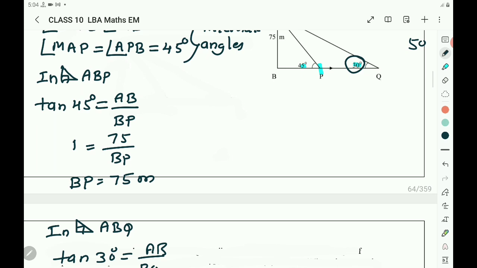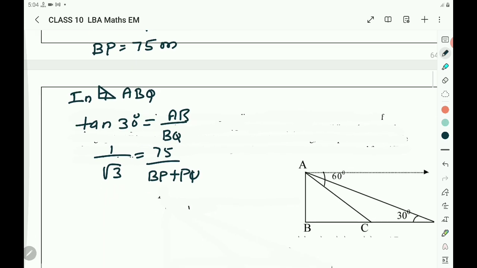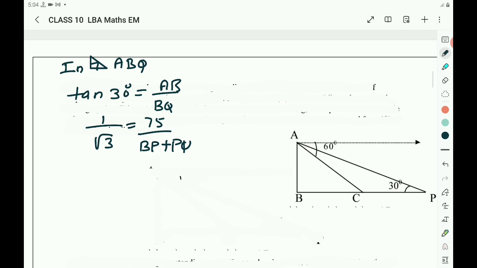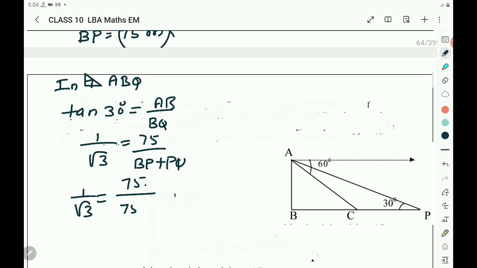Then BQ is BP plus PQ. Do the cross multiplication. 1 by root 3 equals 75 by 75 plus PQ.